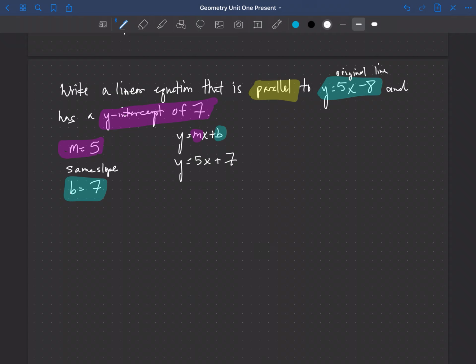This is our final answer, so we have a slope of 5 and a y-intercept of 7. This is the parallel line to the original line.